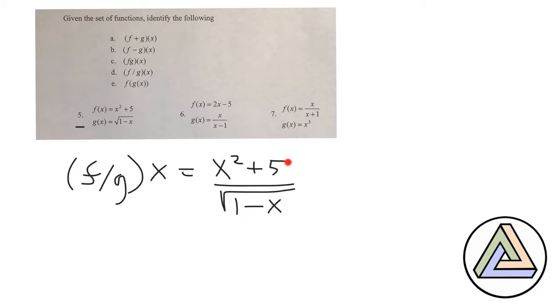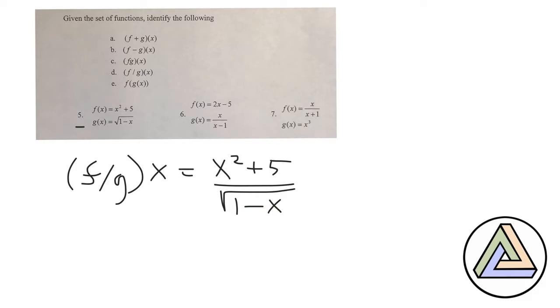Well, that's clearly x squared plus 5 over radical 1 minus x. As soon as you write it, ask yourself, are there any restrictions on the domain? And yes, there are restrictions on the domain. 1 minus x, the whole thing can't be 0, first of all, because if it was 0, then there'd be an undefined fraction, and you can't have that. But also, there's another restriction on the domain. This 1 minus x can't be negative.